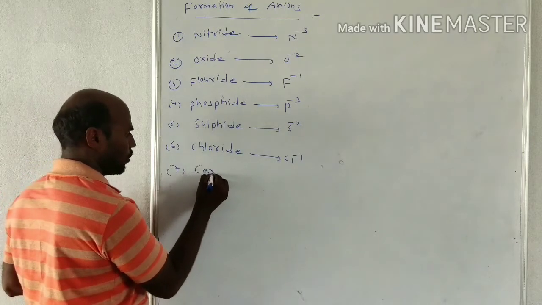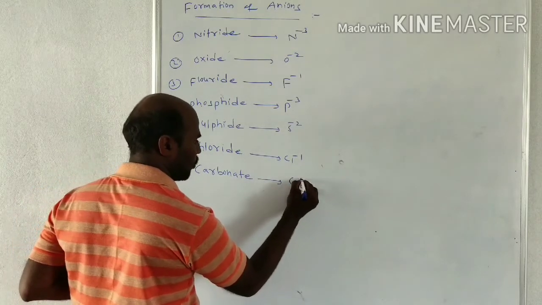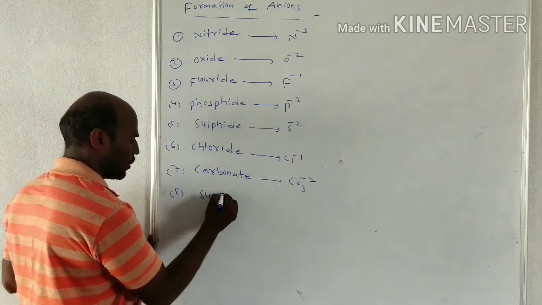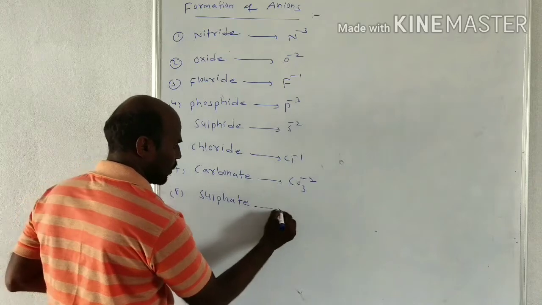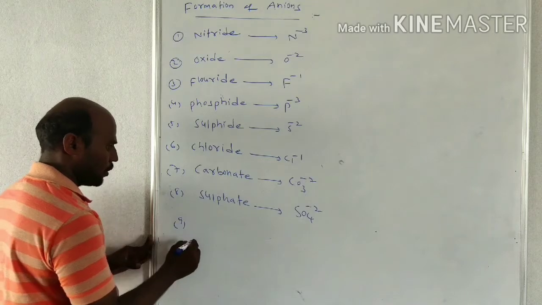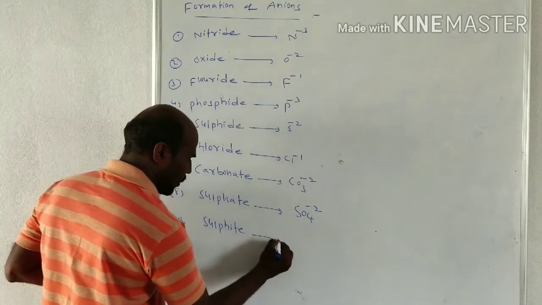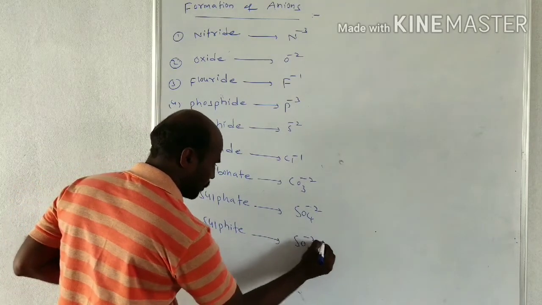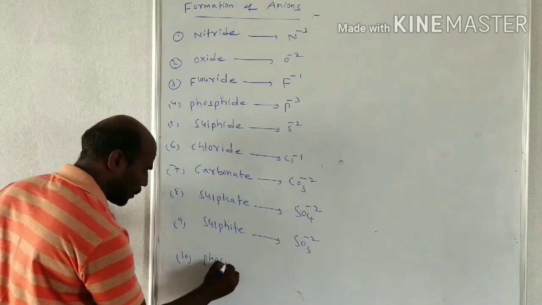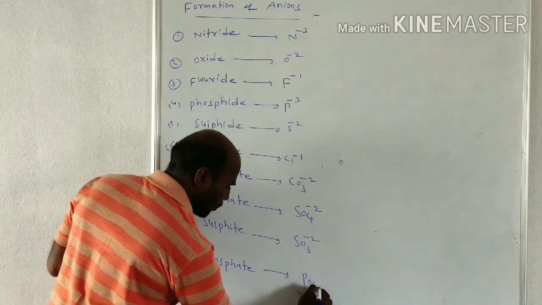Carbonate, CO3 minus 2. Sulfate, SO4 minus 2. Sulfite, SO3 minus 2. Phosphate, PO4 minus 3.